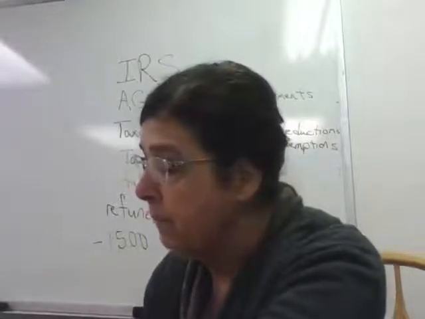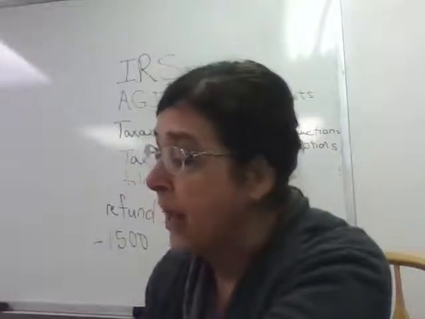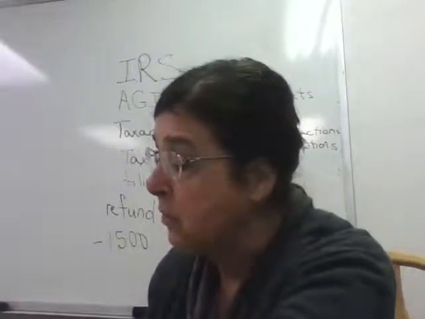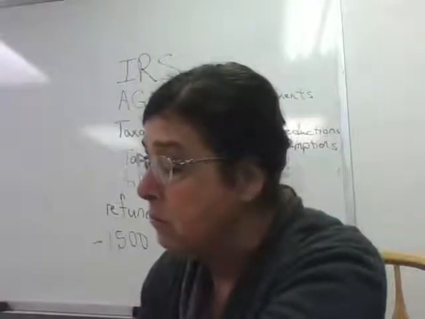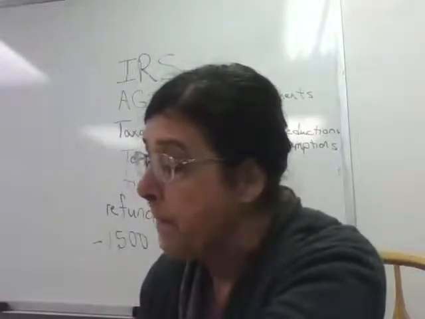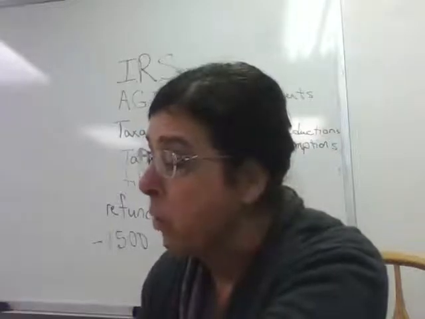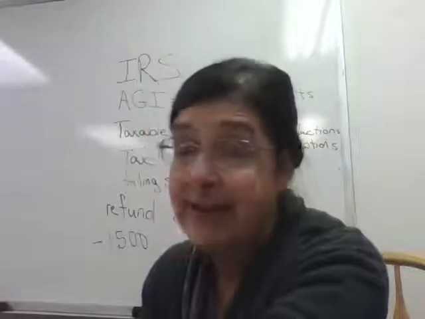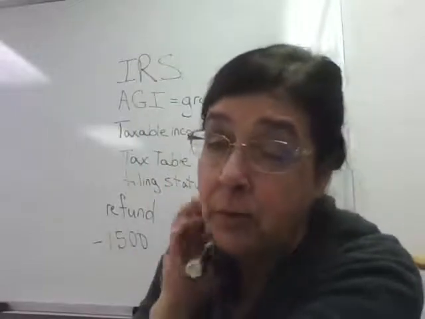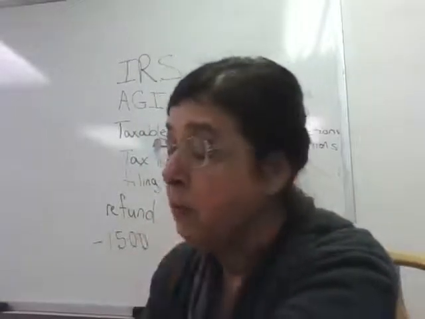Actually, you're not going to use that until number 8 through 11, okay? So we're going to do the taxable income and the tax owed. Actually, you will use that table for number 4.